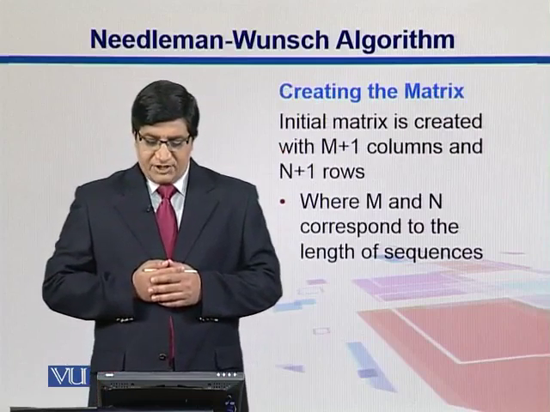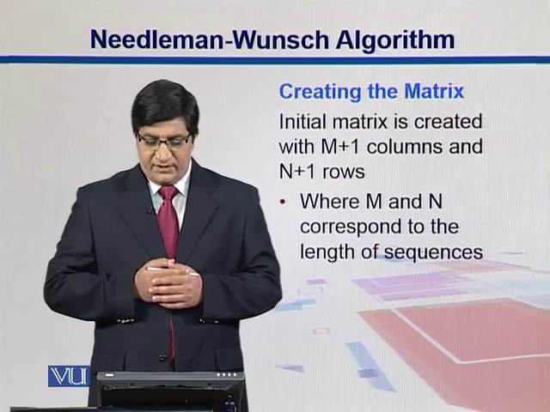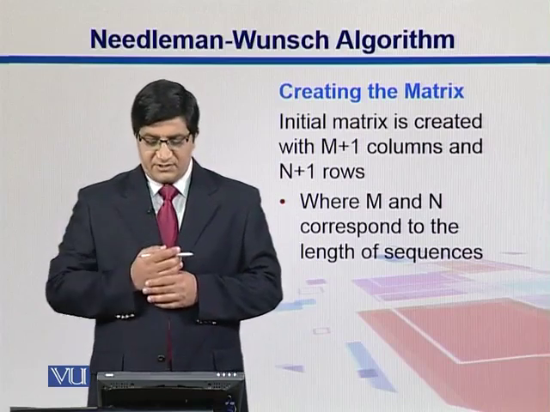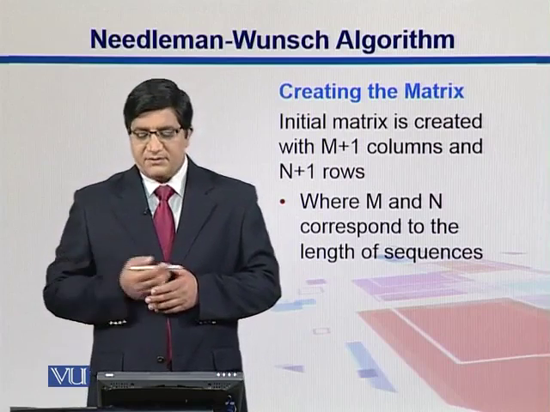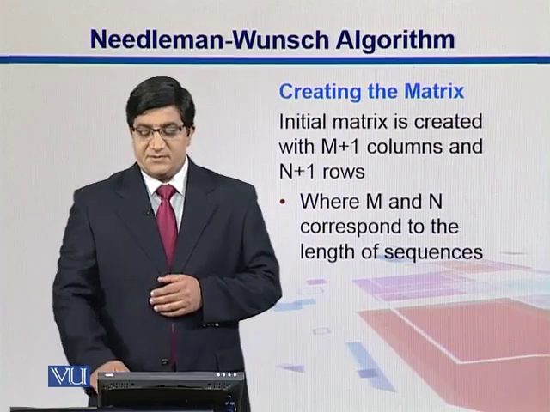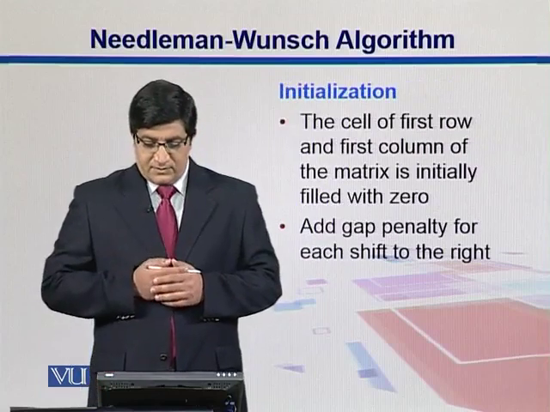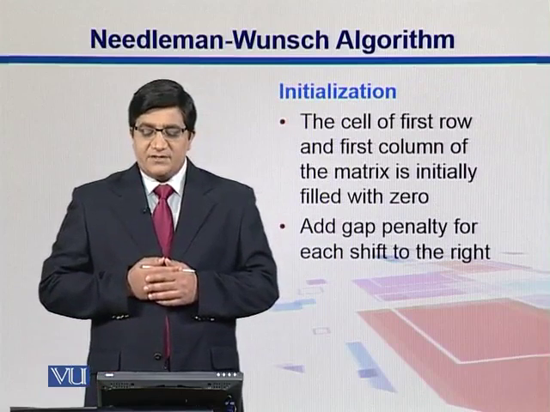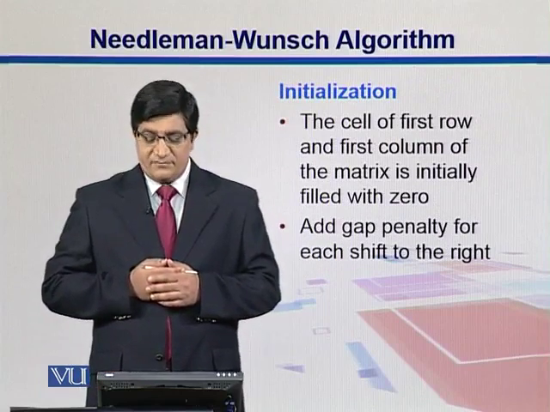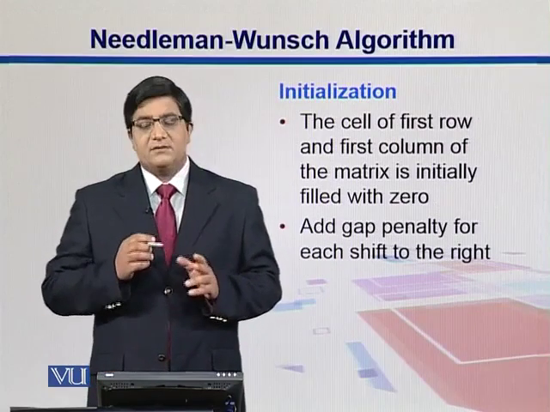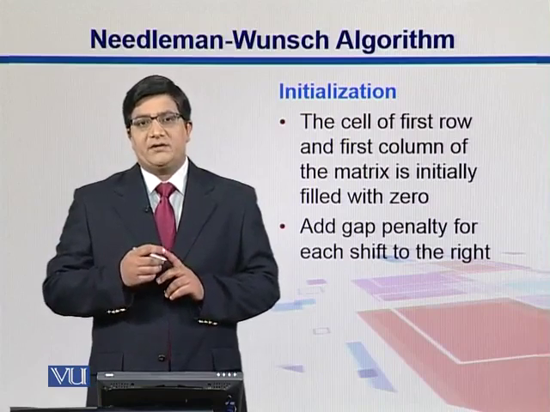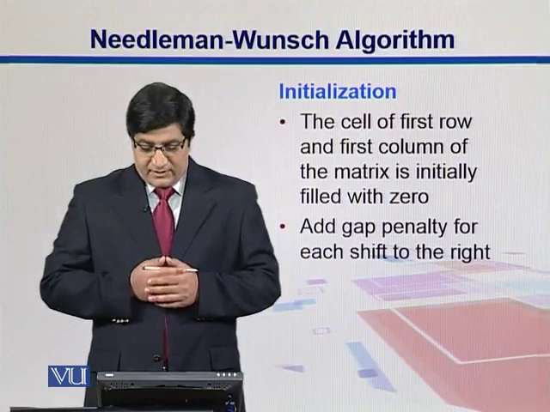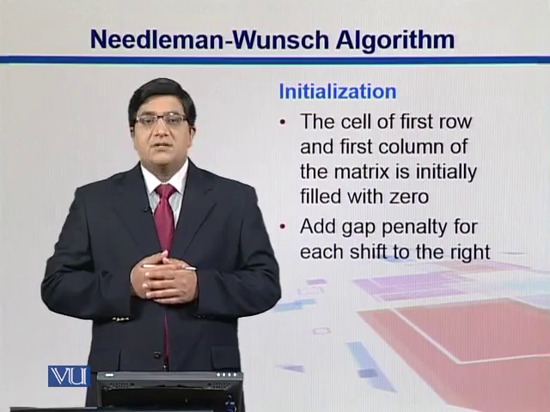We create an initial matrix, where we have one more column and one more row, that is for initialization, where M and N are the lengths of our two sequences. In initialization, the cell of first row and first column of the matrix is initially filled with 0. The first cell, where rows and columns intersect, and then add a gap penalty for each shift to the right.